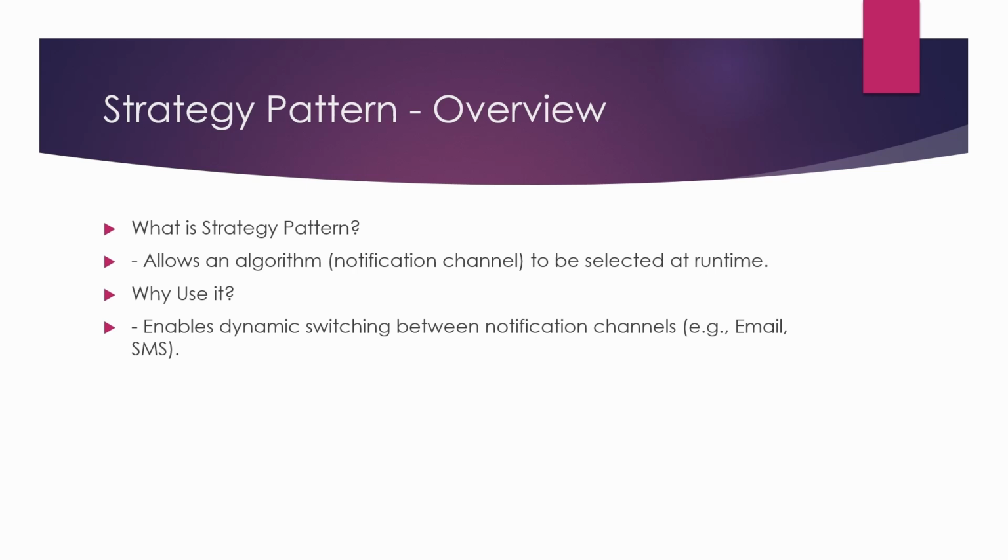Let's start with the strategy pattern. This pattern allows you to define a family of algorithms, in our case, notification channels. The benefit of the strategy pattern is that it enables dynamic switching between different notification channels like email, SMS, or push notification during runtime without altering the core logic of the system.